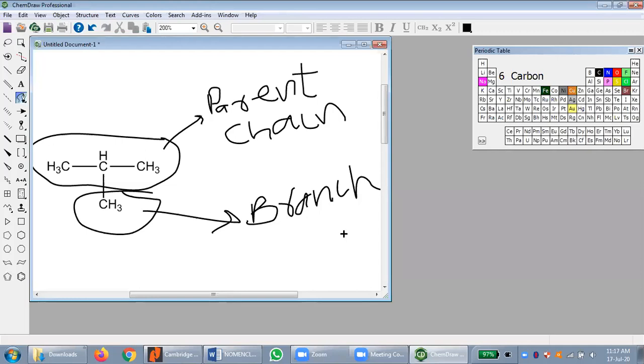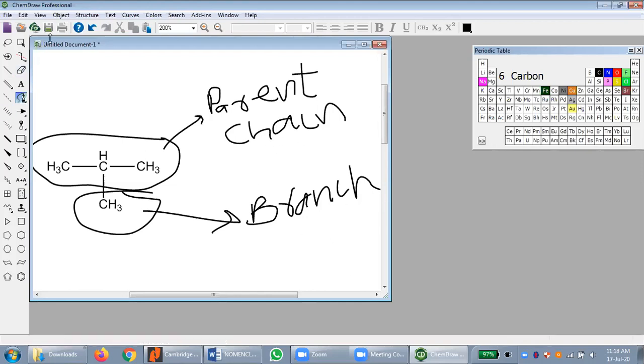Yes, sir. Good. Now, how are we going to recognize which part of the structure is the parent chain, and which part is the branch? Because the parent chain has a specific number of carbon atoms, and for those, we had the rules. Now, let's come back to the rules. In fact, we don't have time to come back to the rules.